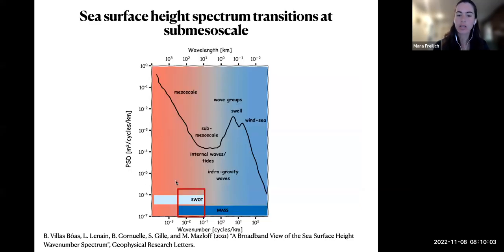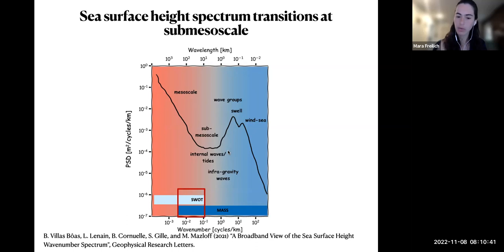And one of the observations that's come out of using MASS, this is work led by Bia Villas Bôas, and I think I should probably have presented this in this webinar, but just as a reminder, when we look at sea surface height, which is especially important for looking at currents from altimetry, the spectrum transitions from a red spectrum at the mesoscale to a blue spectrum dominated by waves at much smaller scales, with the submesoscale really being that transition area in these observations from MASS.